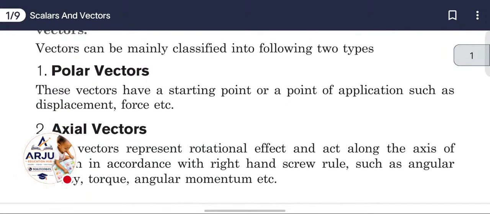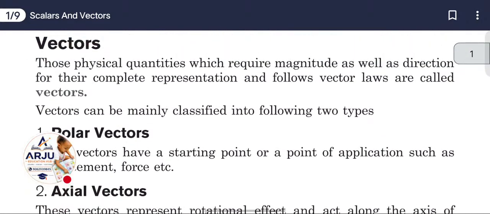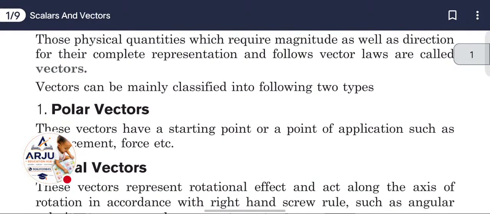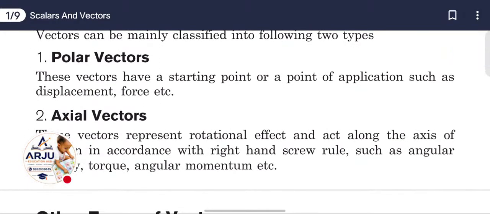Now, types of vectors. Vectors are classified into two types: one is the polar vector, another is the axial vector.